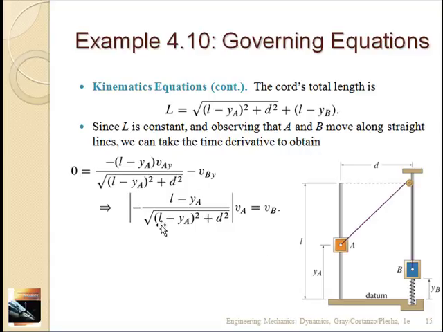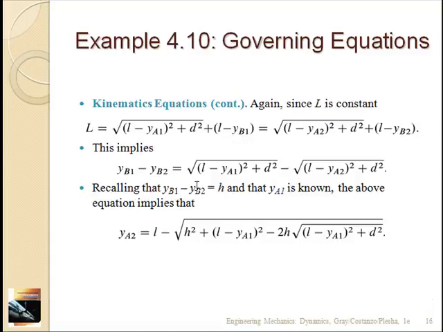Now we can relate velocity B to velocity of A, and we really only have one unknown velocity, and we can go back to our work-energy method to solve the problem. We can also relate the change in heights using the same equation, and that gives us a second kinematic relationship that we can use to solve.